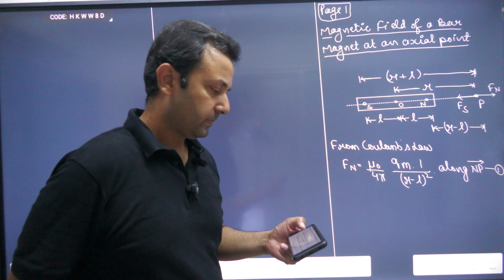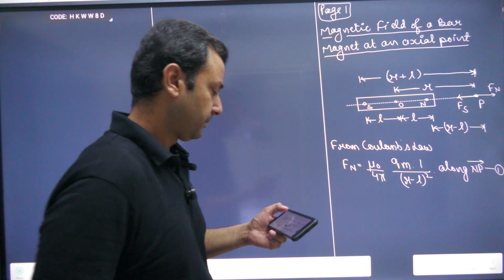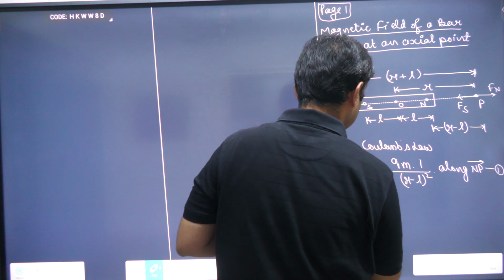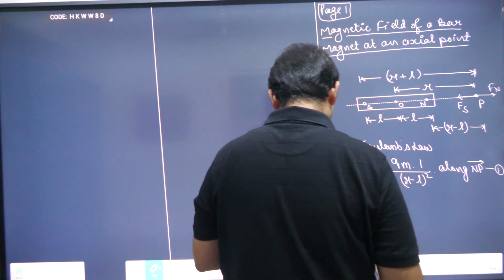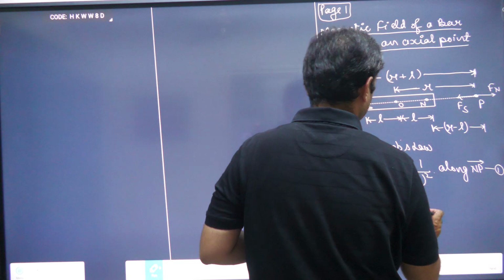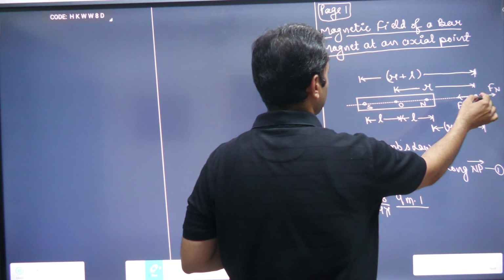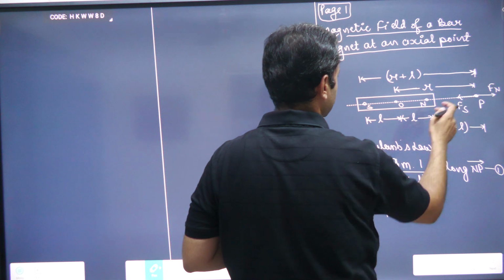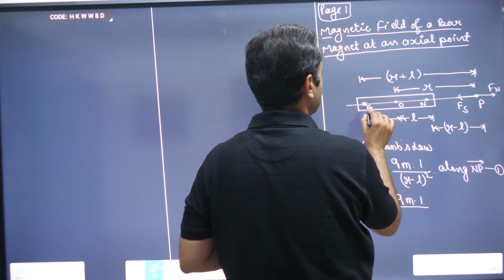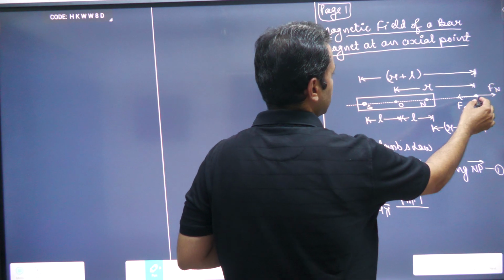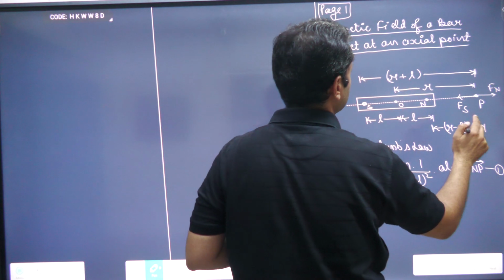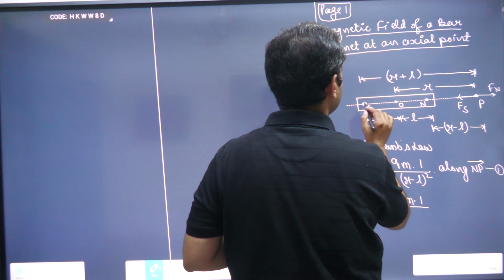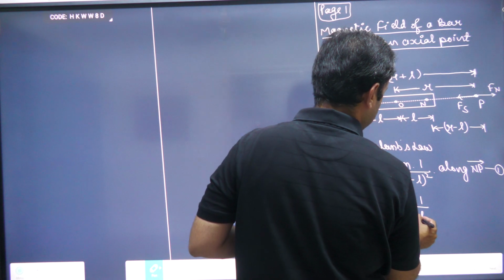Similarly, the force exerted by the south pole on the unit north pole is Fs equal to mu naught upon 4 pi, Qm into 1, upon the distance between S and P, which is r plus l, whole square.